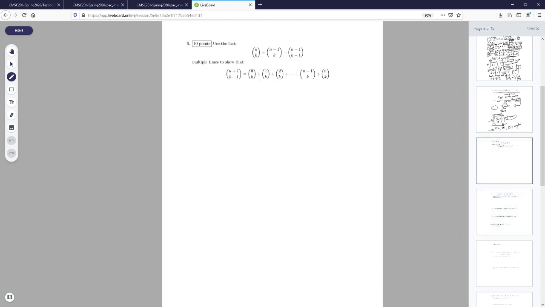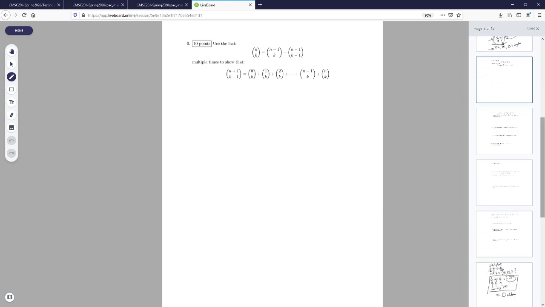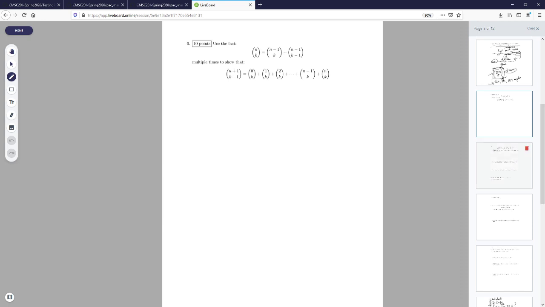Cool. This problem. I think everybody said that this problem was their favorite. I think no one had any problems, right? This was the easiest problem on the exam. So actually, what I will say about this one is that it's not as hard as you might think, and the reason why it's not as hard as you might think is this.